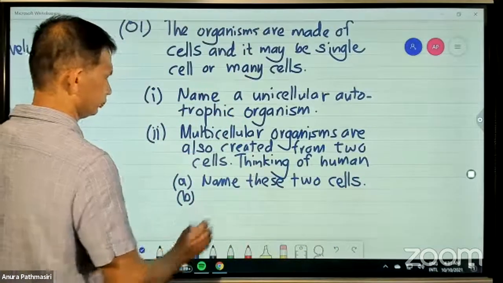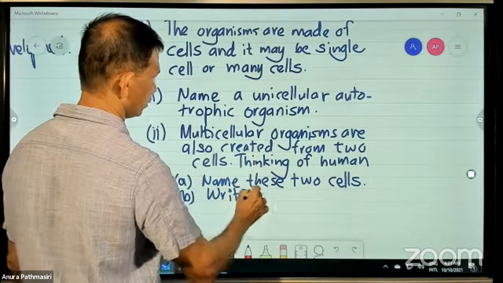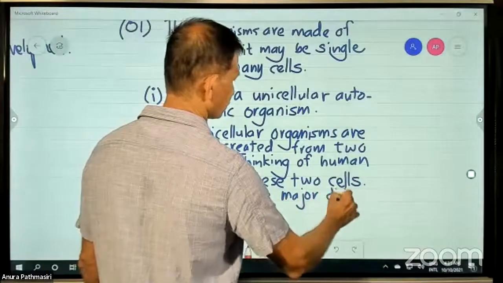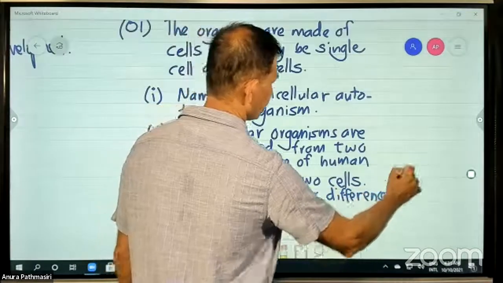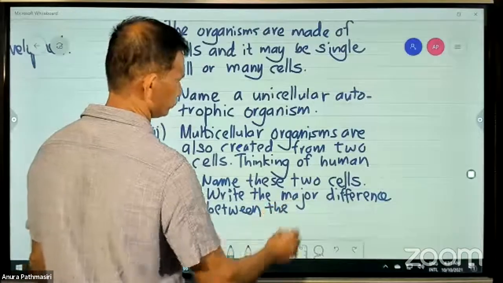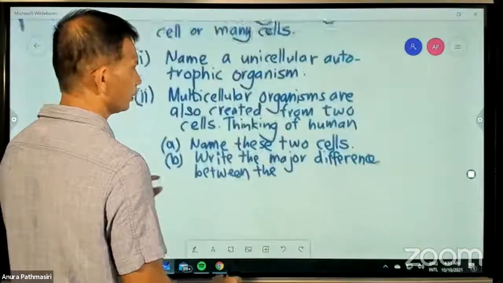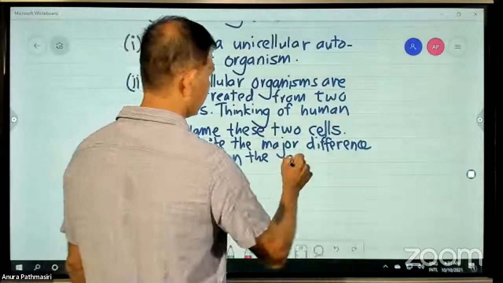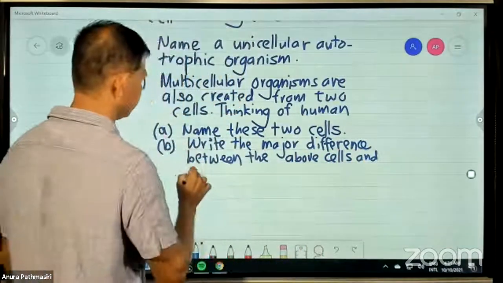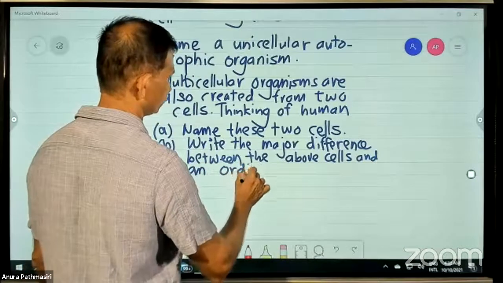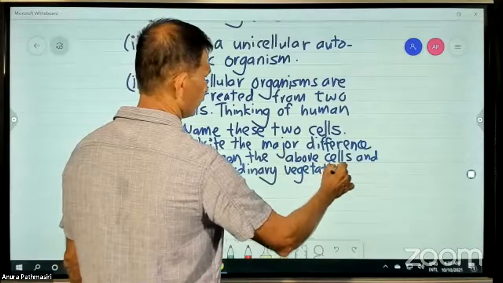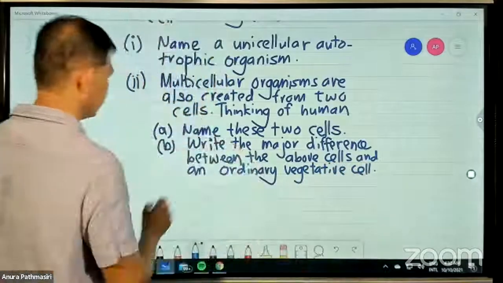Part B: write the major difference between the above cells and an ordinary vegetative state.